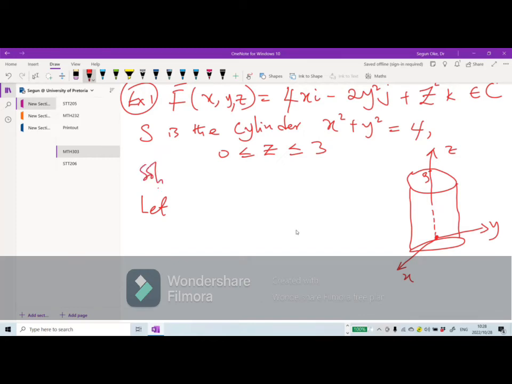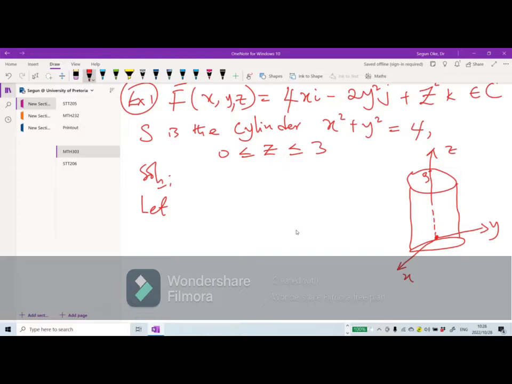So let's write the solution now. We need to find the flux of F going out of S using the Gauss theorem. When we say Gauss theorem, it is the same as the Gauss divergence theorem.